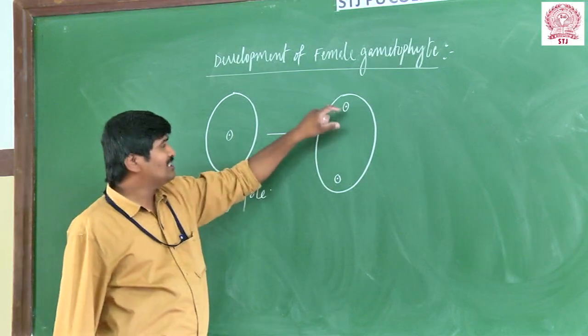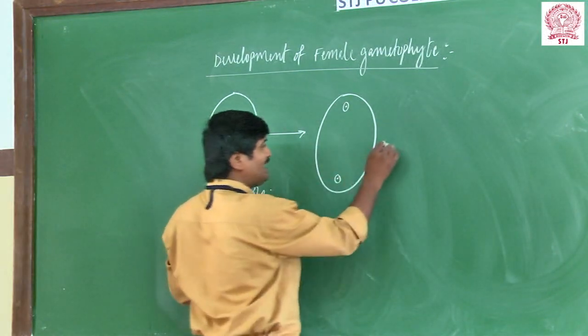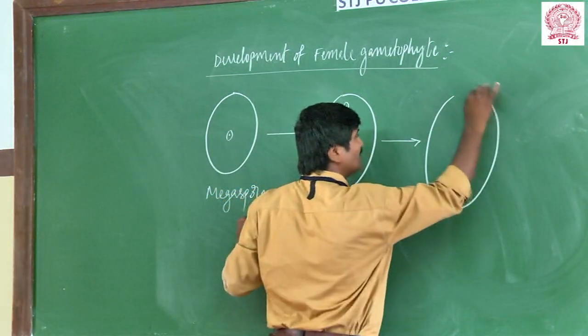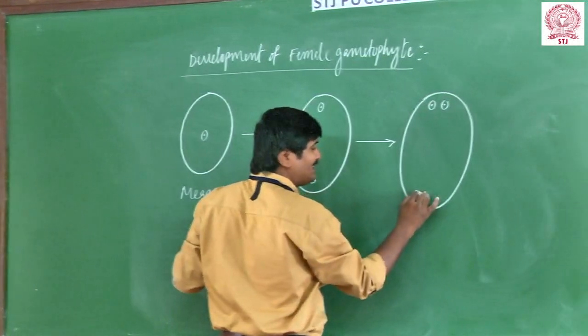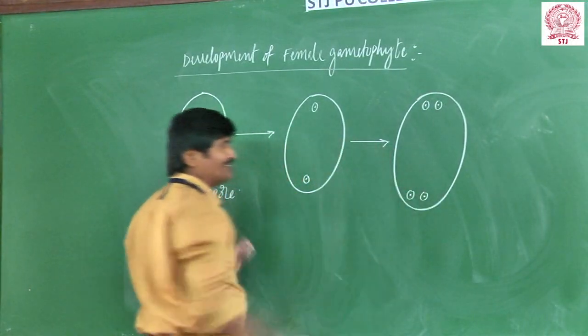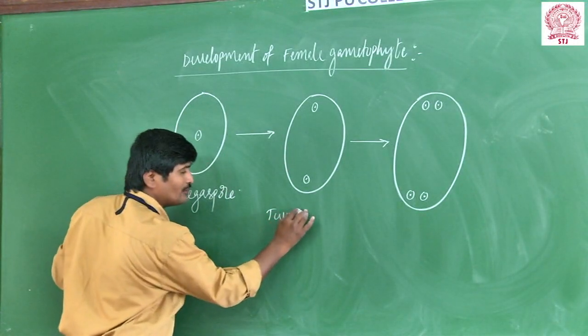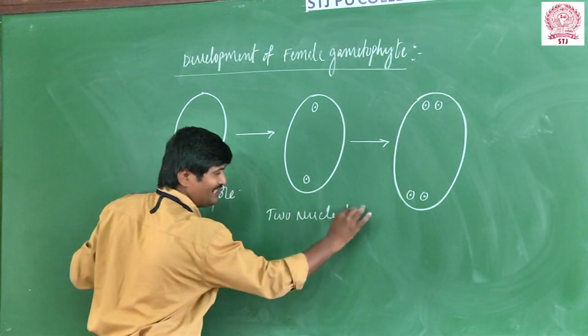Next, a second mitotic cell division takes place in each nucleus and gives rise to the 4 nucleated stage of the embryo sac. See, it is the two nucleated stage.